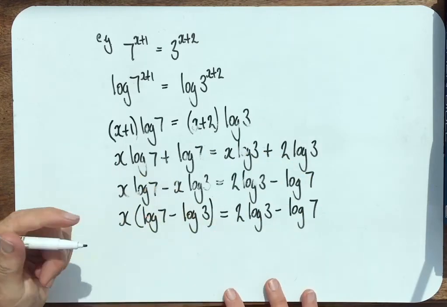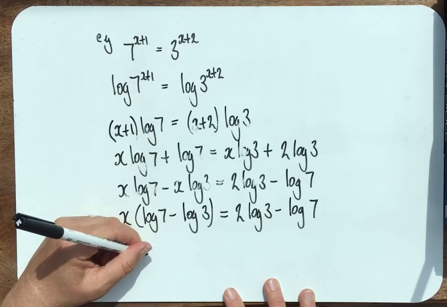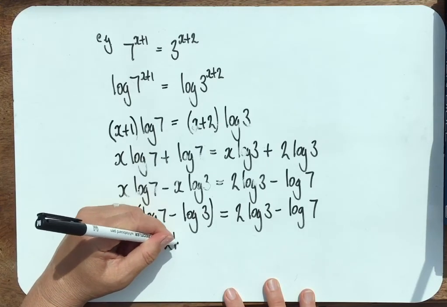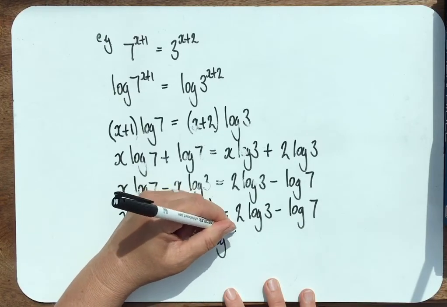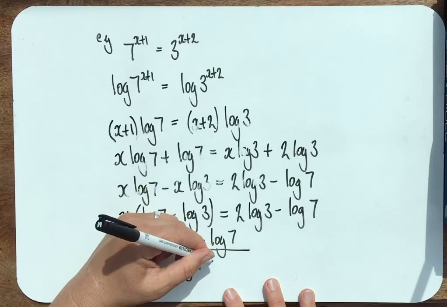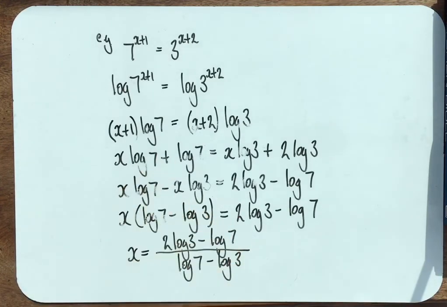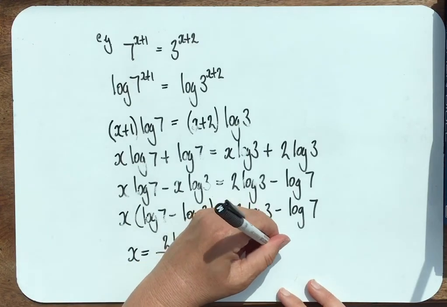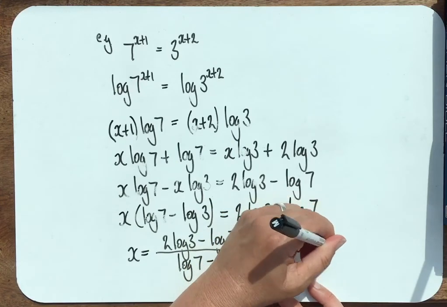And then you divide. So x is equal to 2 log 3 minus log 7 divided by log 7 minus log 3. Sorry about the smudging as ever. And then you pop that into a calculator and x comes out as being 0.297.